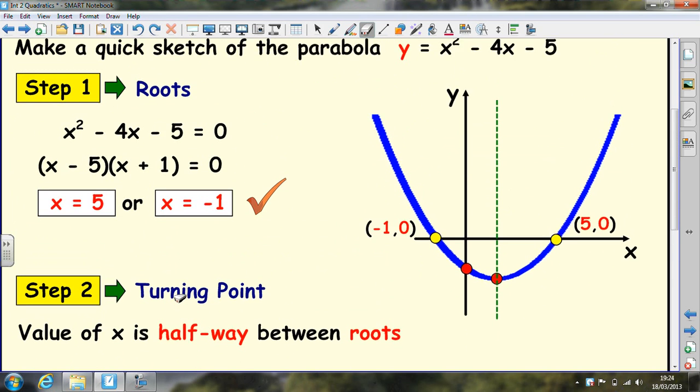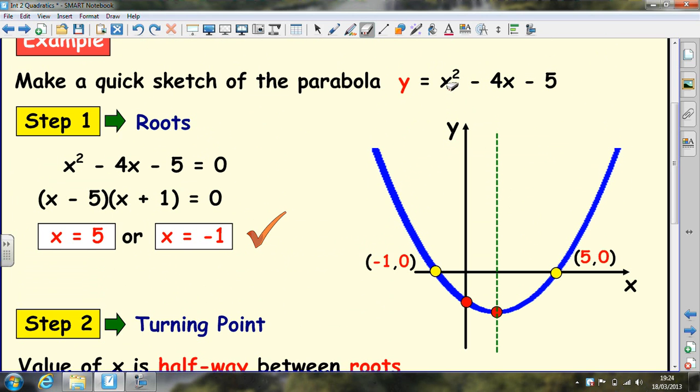Now, we have got an x value of 2 here. The equation says to work out y, this is what this really means, to work out y, you take x, you square it, you take away 4 times x, and then you take away 5. Now we've just worked out that x is 2, so if we substitute 2 in these places, we can work out what the y value of this turning point is.